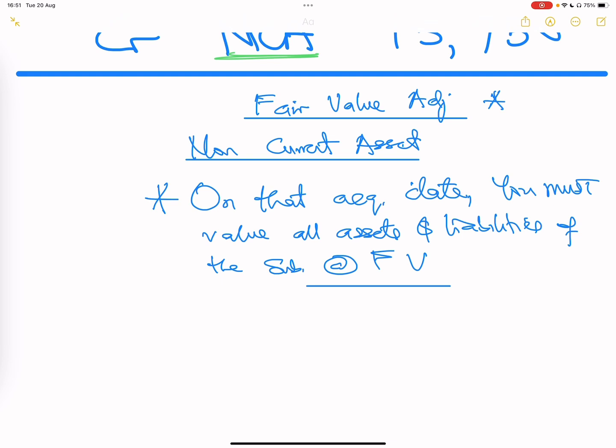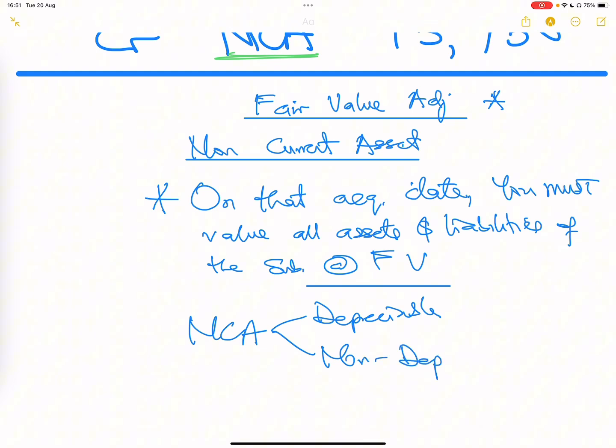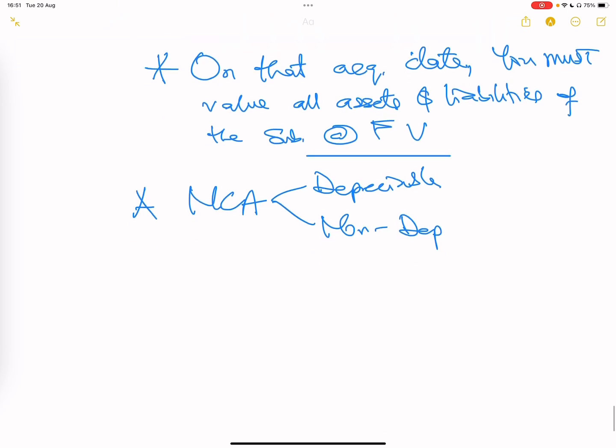Yeah. So remember that non-current asset can either be a depreciable asset or a non-depreciable asset. And I'm breaking it down into these 2 categories because the impact is different. Yeah, and it's simple. It's just your usual debit and credit, like I always tell you, right?